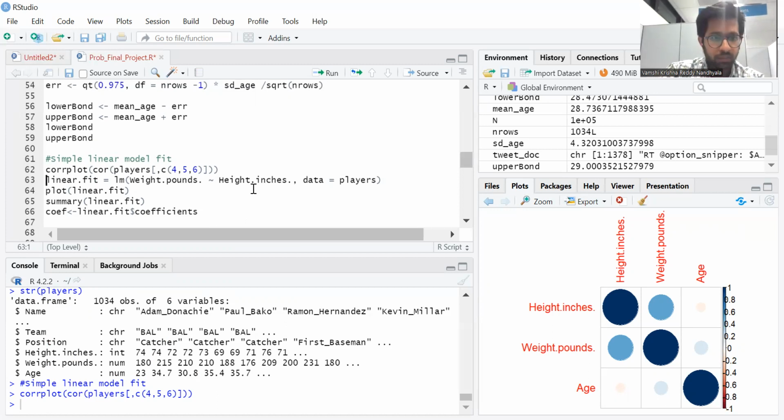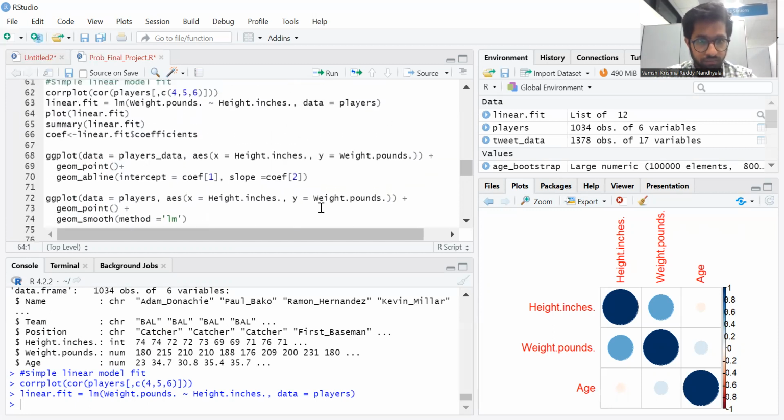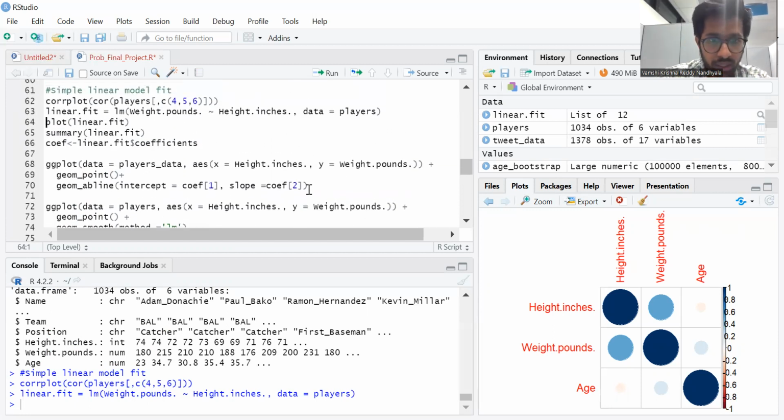So let me run linear fit. After running the linear fit, let me plot the data for the linear fit.